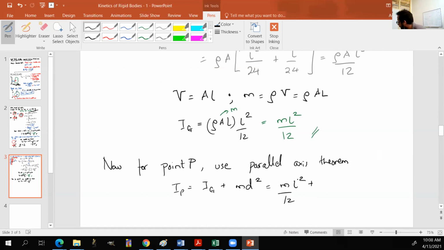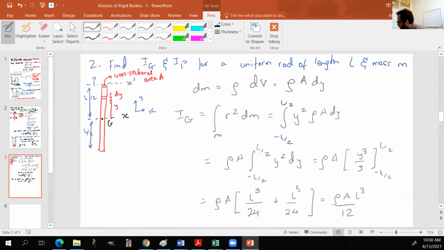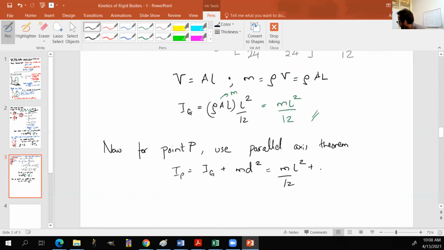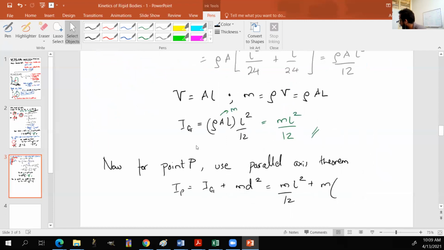So that's that, plus Md squared. What's D now, guys? Is it Y? No. For the point P, what is your distance D between the axis that passes through G and the axis passing through P? L over 2. That's right. So you have L over 2 squared. So that becomes ML squared over 12 plus ML squared over 4.